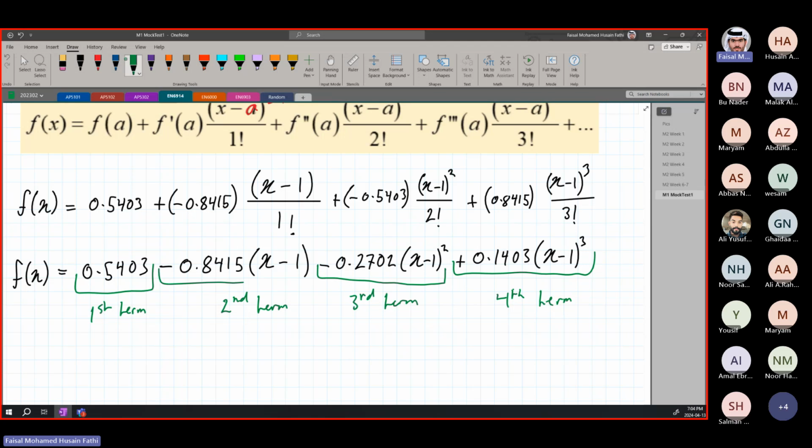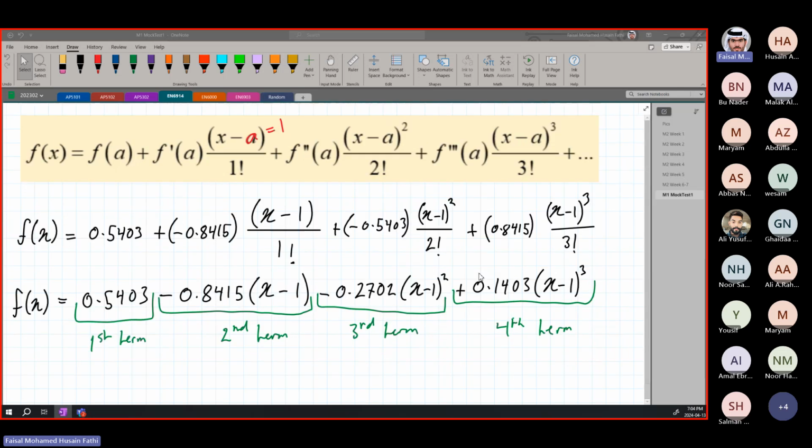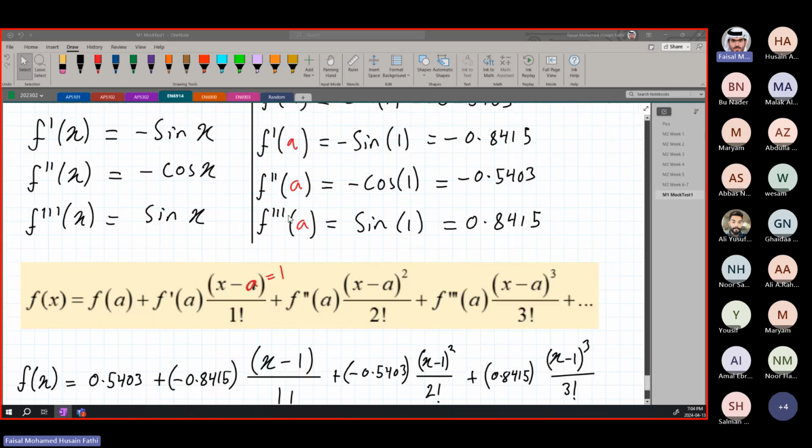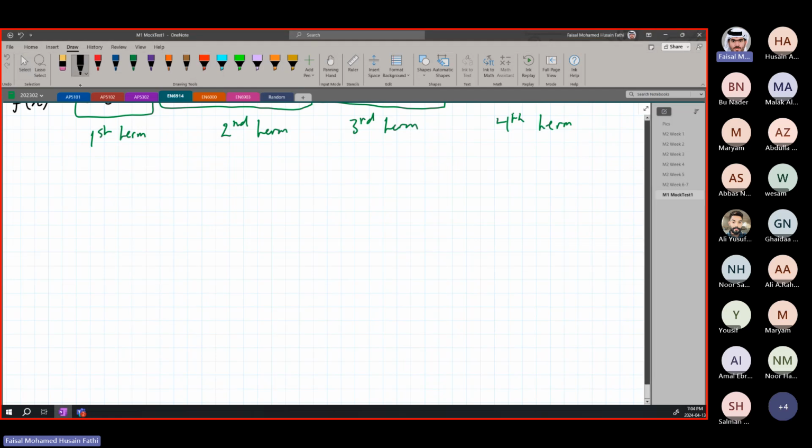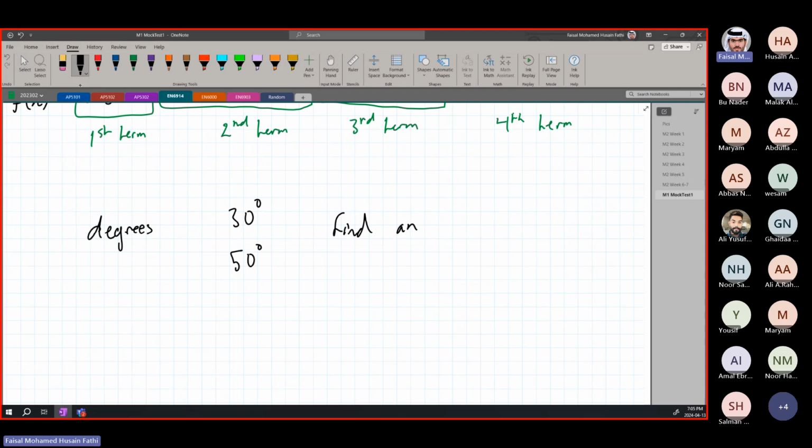test. Does anyone have any questions about anything we have done so far? So why is it in radians? Because usually when we are doing approximations, just a quick note about trigonometry in general. Degrees is almost never used when you are calculating in math. Degrees is only used when the question mentions clearly 30 degrees, 50 degrees, or find an angle.